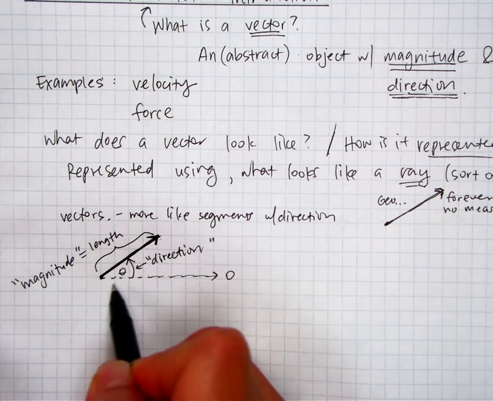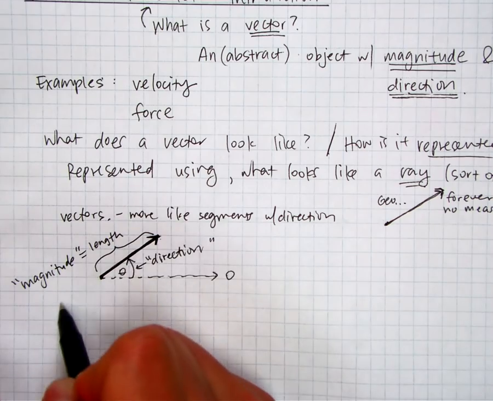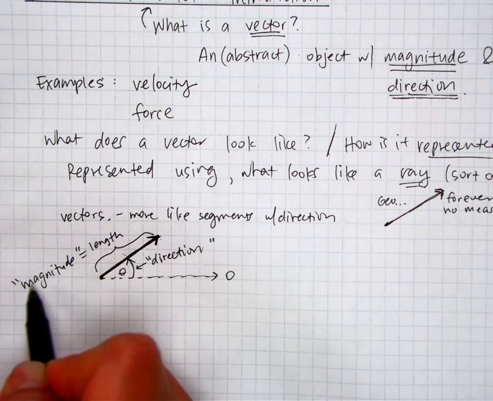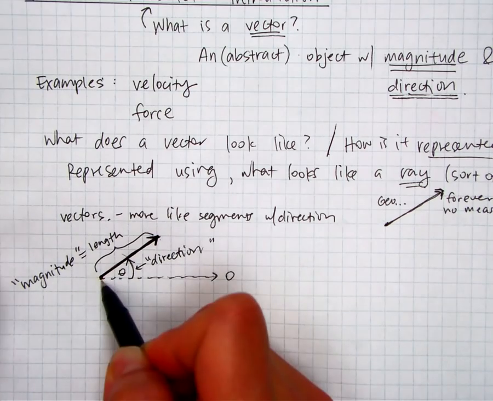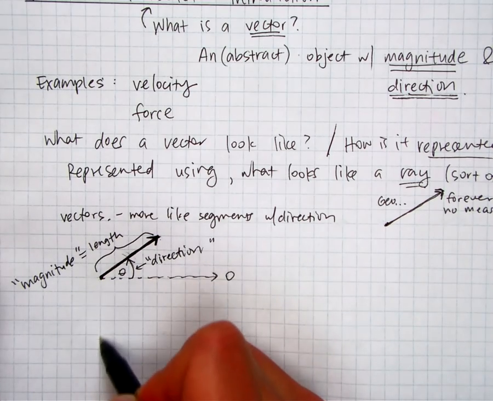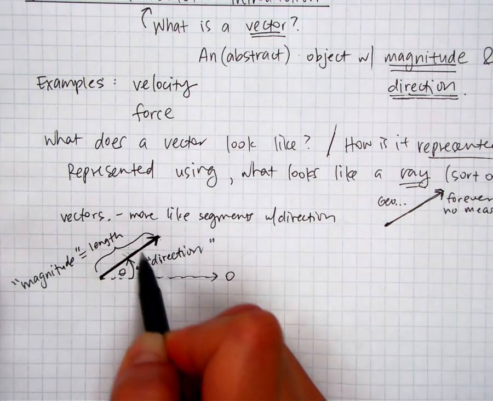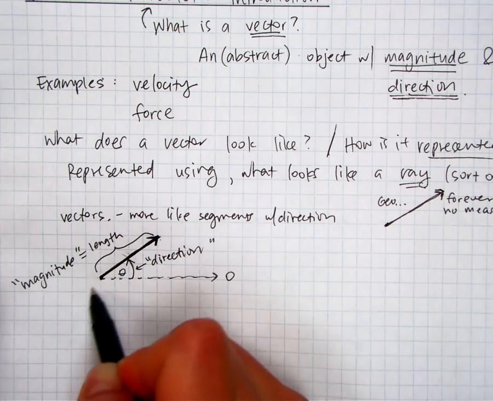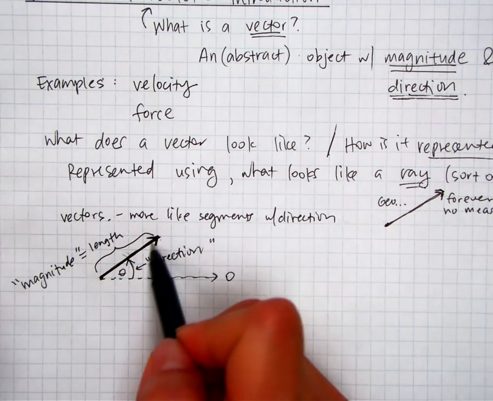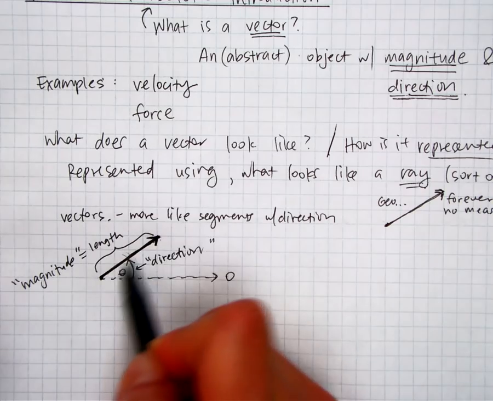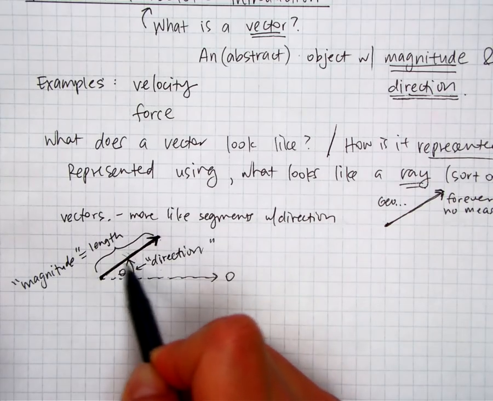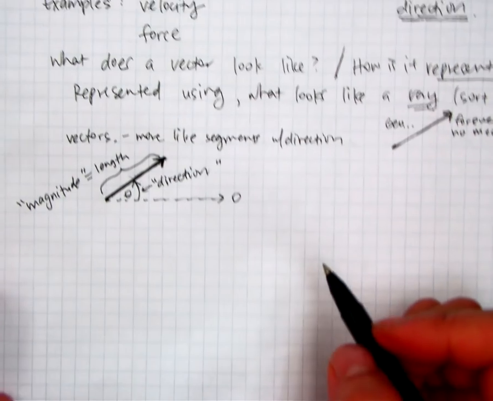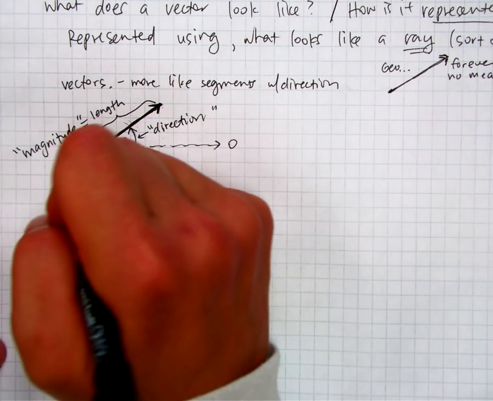Or it can go 180 degrees, which means going this way. 270 degrees means going down. A little over 180, 200 degrees might be somewhere this way. So magnitude is represented by the length of this vector, and the direction is represented by this angle right there. So, how are vectors written?